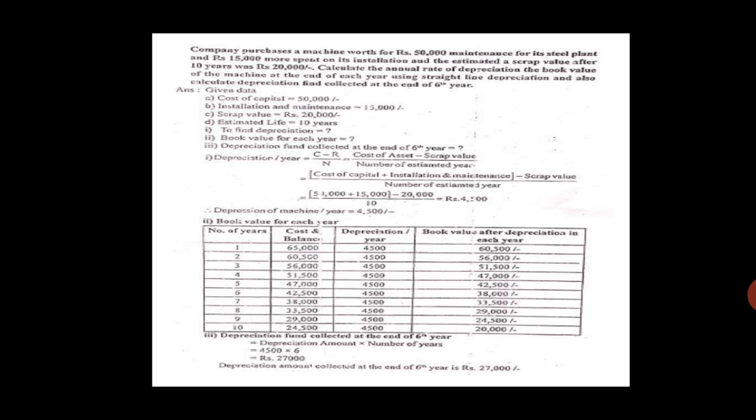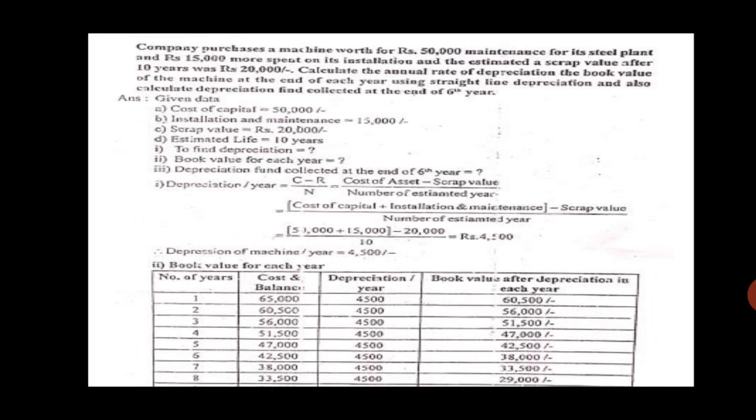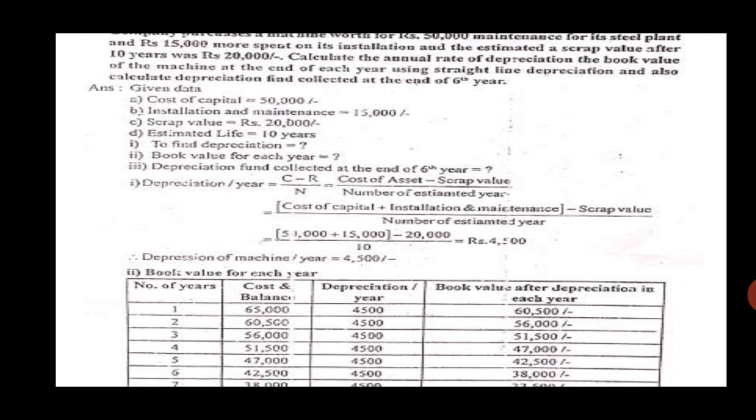So it is a very simple and straightforward question. You can see cost of the equipment, that is 50,000. That is a capital cost. The first cost is always called as capital cost. That is 50,000 rupees. Then installation and maintenance, that is again 15,000 rupees. Scrap value is 20,000 rupees at the end of 10 years. Estimated life is 10 years.